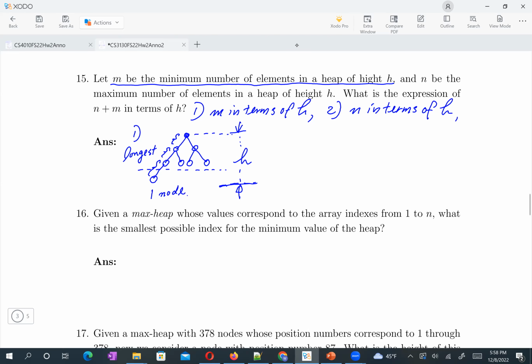So for this case, there is 1 node at the bottom level. You know there are H edges for the longest path.